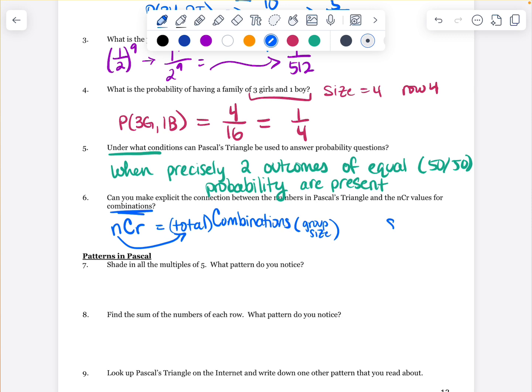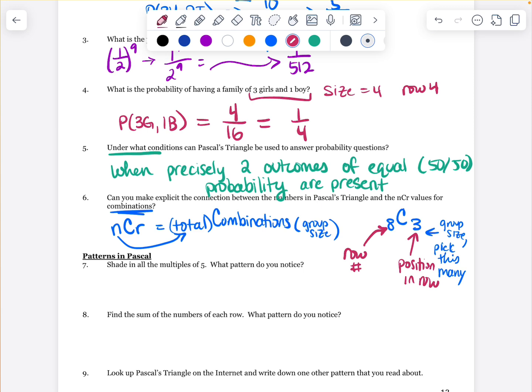You got a box of 8 chocolates, you're going to eat 3 of them, right? You've got 8 people running for representatives of the senior class. You're going to pick 3 of them. That's that number. So how does that translate in the triangle? In the triangle, this would be your row number, and this would be your position in the row, okay?